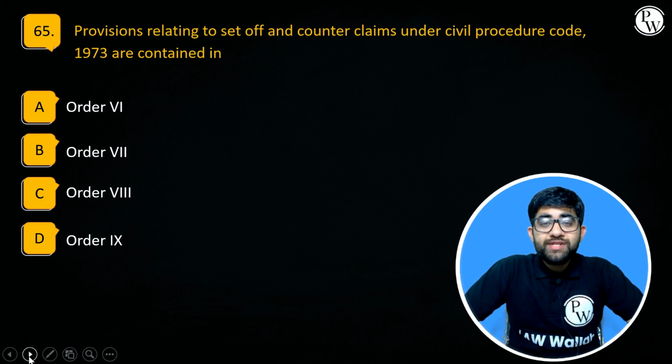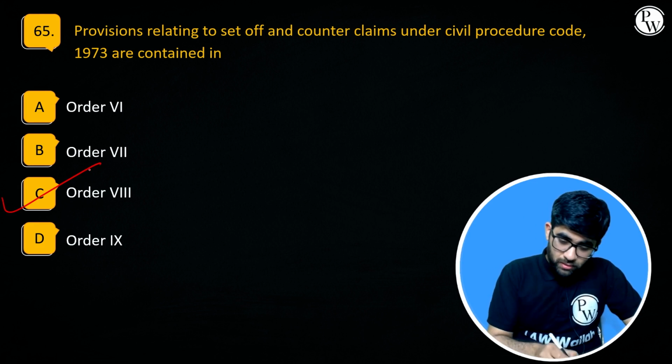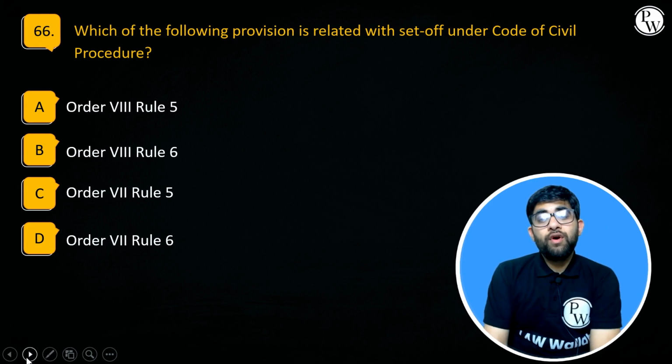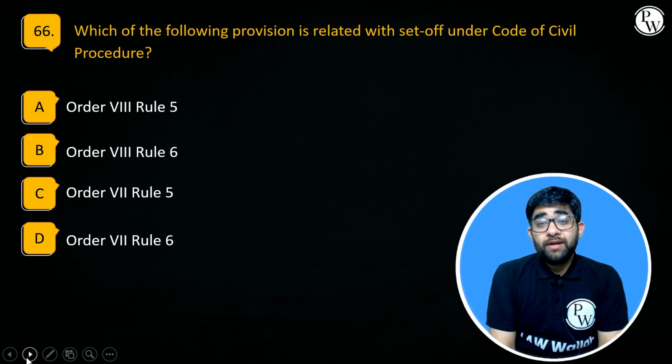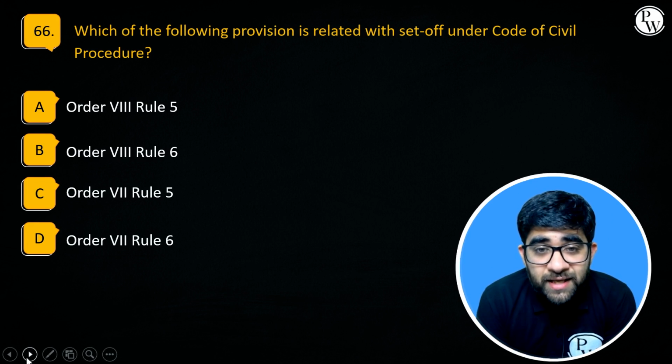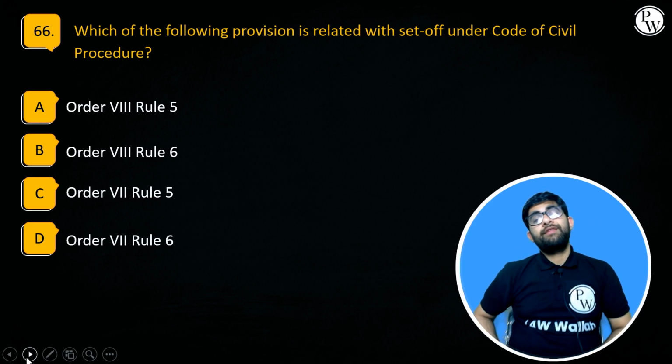65th. Provisions relating to set-off and counterclaims under the Civil Procedure Code are contained in Order 6, 7, 8 or 9. Set-off and counterclaim is in the written statement, so Order 8. Which of the following provisions is related to set-off under the Code of Civil Procedure? Order 8 Rule 5, 8 Rule 6, 8 Rule 7, 5 or 7 Rule 6? 8 Rule 5 or 8 Rule 6.